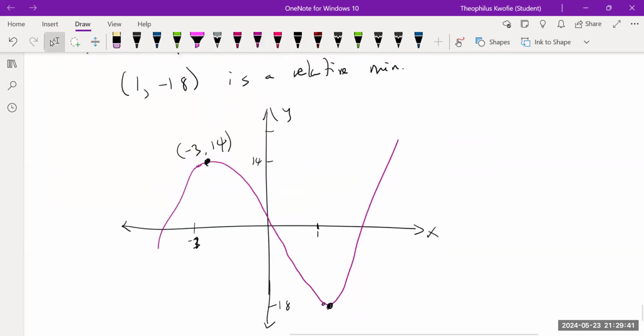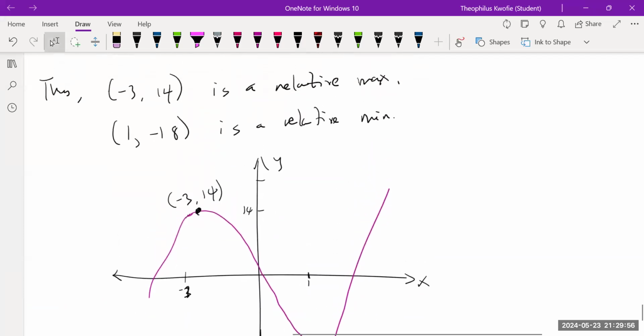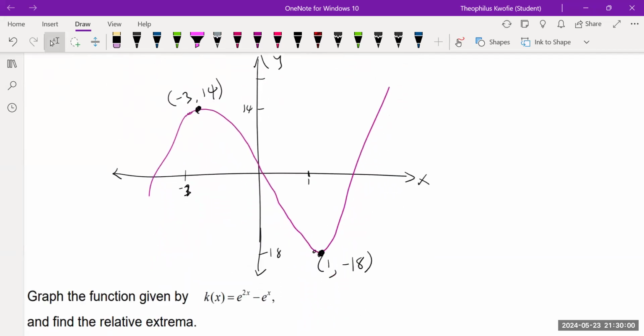And then 1, was it 1? Let me use a different pencil here, which is 1, -18 at this point. Okay, so we have two turning points. The first one is the relative maximum, and then the second one is the relative minimum. I hope at this point we are okay with it.